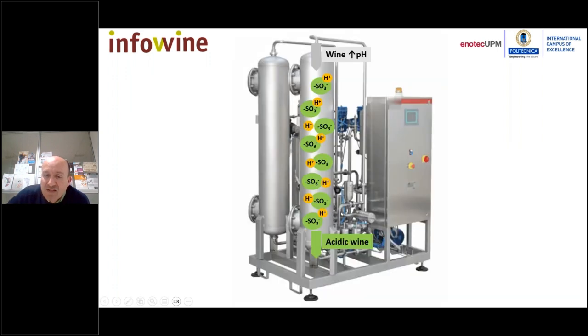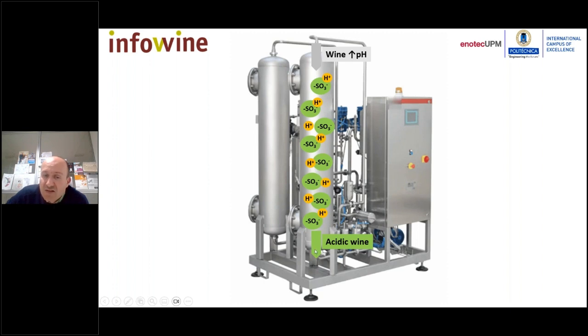The technique is really efficient. Many companies produce these resins inside cartridges in which we can automatically process the wine. The wine with high pH passes across the resins, releasing cations and increasing the amount of protons, producing a very acidic wine.